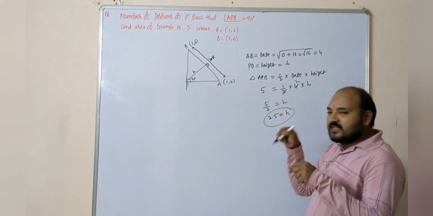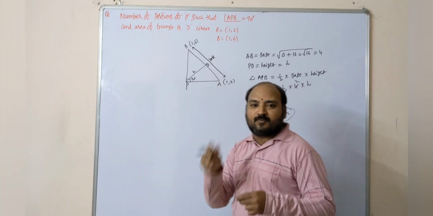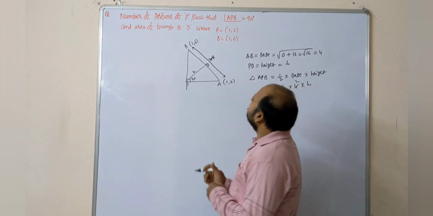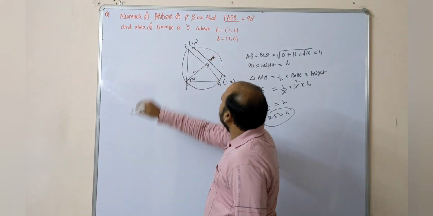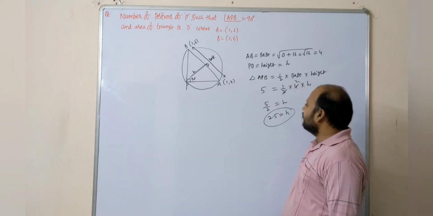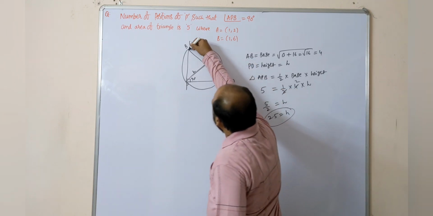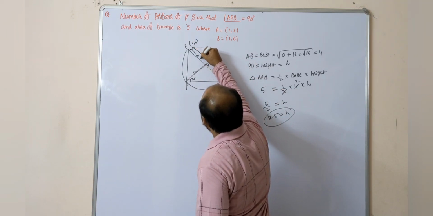Based on this we decide whether the point P exists or not, and the number of positions it will have. Suppose you draw the figure of the circle with this radius. The total distance is 4, so from here to here it is 2 units only, no?